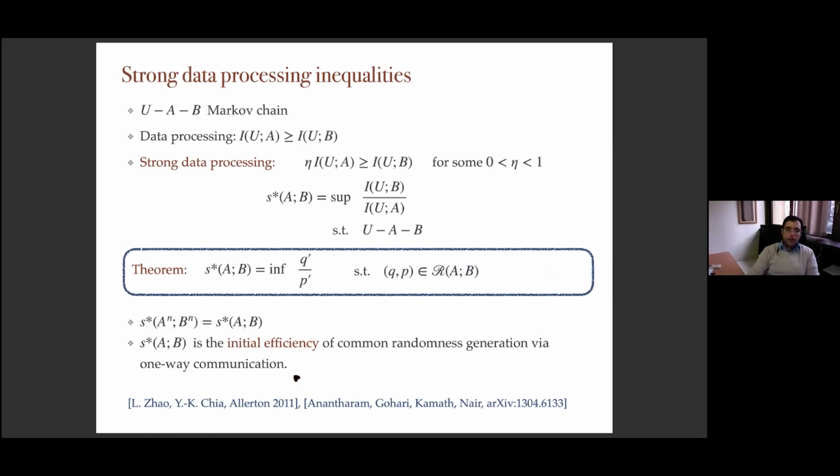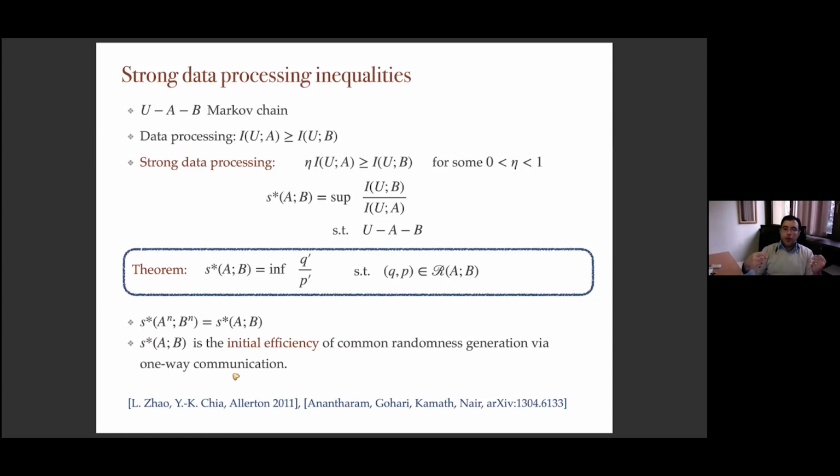Let me tell you what the problem is. It's the same as the problem of non-interactive distribution simulation. I have this input distribution P of A and B, and I want to convert it with local operations to perfect shared randomness.